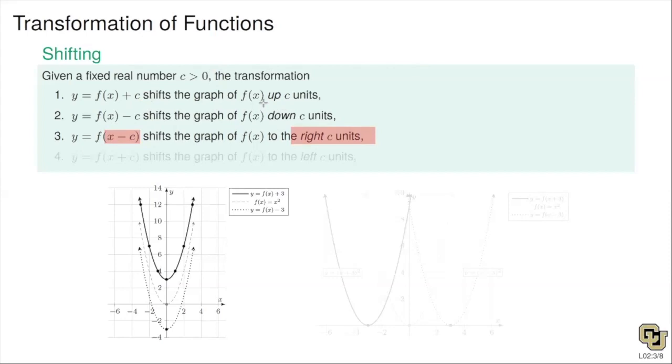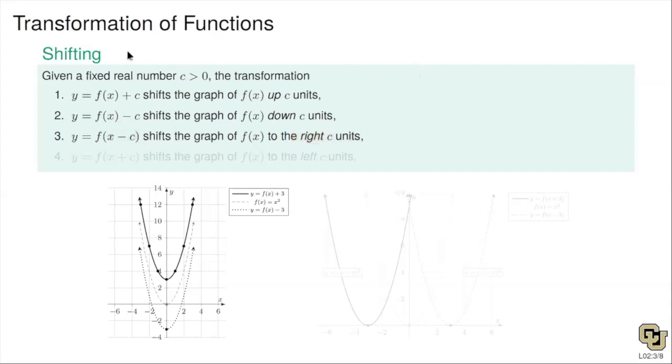But we live on the x-axis, so we don't notice the x-axis moving. Instead of us noticing the x-axis moving to the left, what it looks like to us is the graph moving to the right. In fact, we're moving to the left. That's why it's opposites. X minus c shifts the x-axis to the left, so it looks like the graph is shifting to the right.